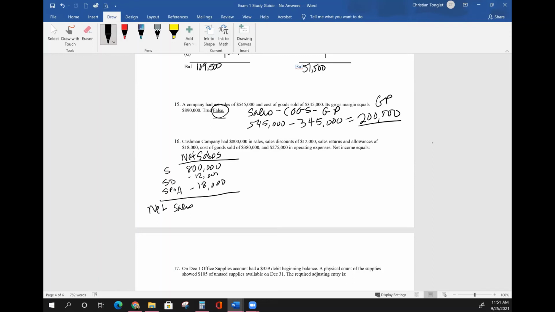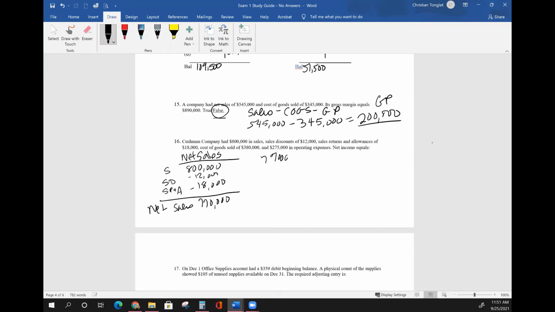So we have 800,000 less the 12,000 less the 18,000, and 770,000 is my net sales. So if I said, what is net sales, you're just looking at those numbers that are coming in from sales. Remember to deduct the discounts and returns.